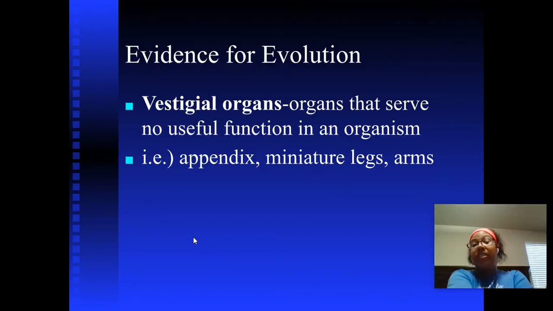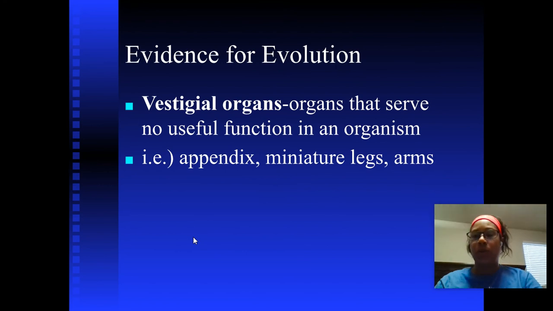Okay? Vestigial organs have no function in the mature adult of the species, but they're still there because there are no selective pressures to get rid of them. Snakes, well, some of them, have the bone joints to have legs, but it's a vestigial structure because they don't use it anymore.